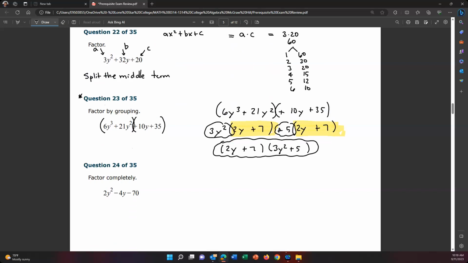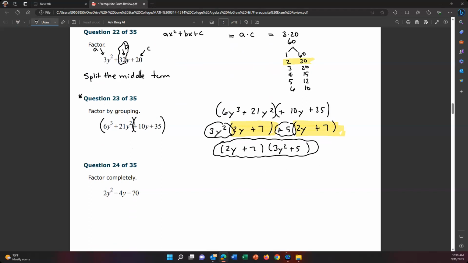But which pair do we choose? This is where B comes in. Which pair, these are all pairs, which pair will give us 32? And when I say gives us, which pair will add up to 32? And I hope you said that this is the only pair that will add up to 32.